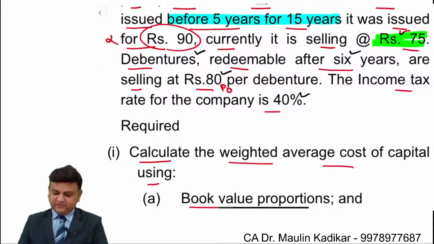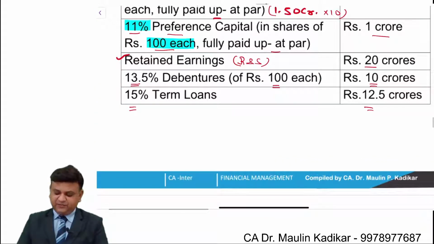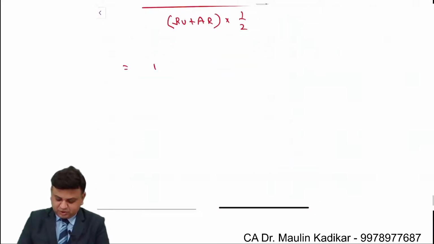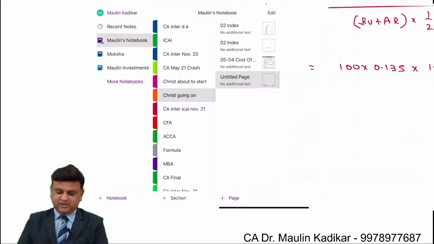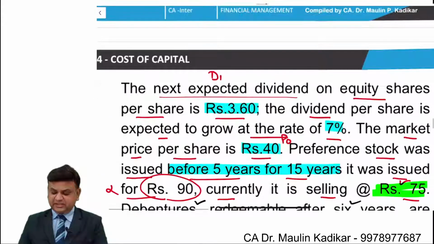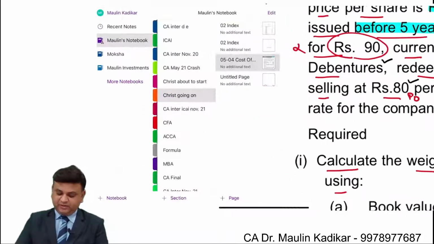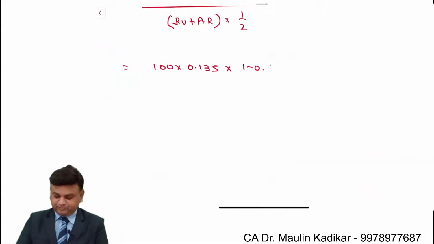We have been provided with the information once again that the face value of the debenture is 100 rupees and the rate of interest is 13.5%. So 100 rupees into 0.1350 into 1 minus income tax rate. The income tax rate of the company is 40%. So into 1 minus 0.40.